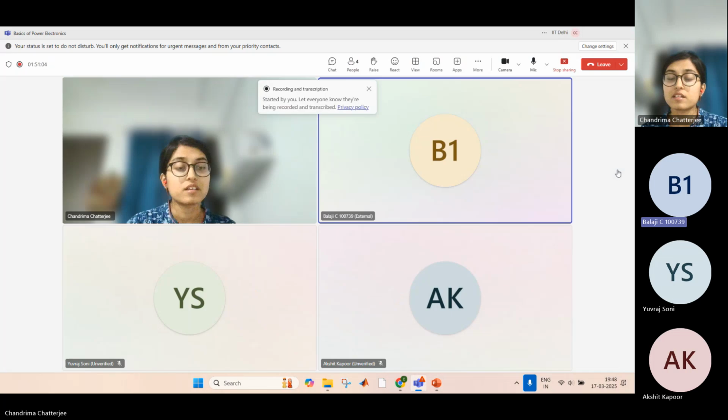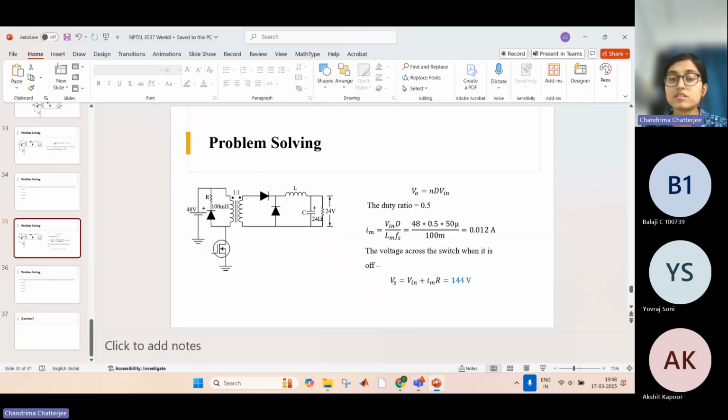And how to find the resistor rating, ma'am? Power rating, okay. So practically, the IM value you will have to find out. When you design this transformer, you will know the LM value. At least you will know the self inductance, right? If you have the primary and secondary winding, from an LCR meter you can find out the LM value.